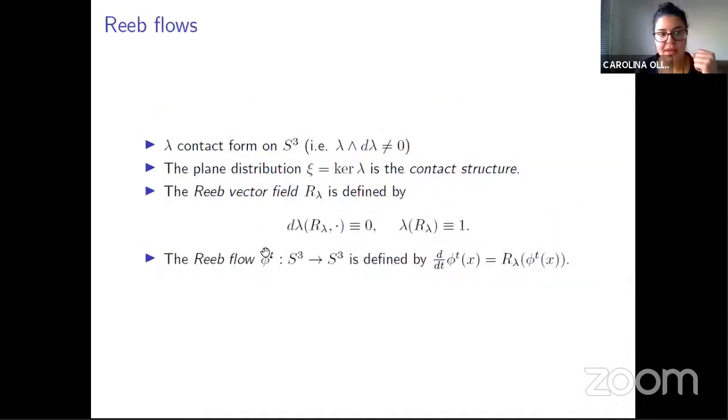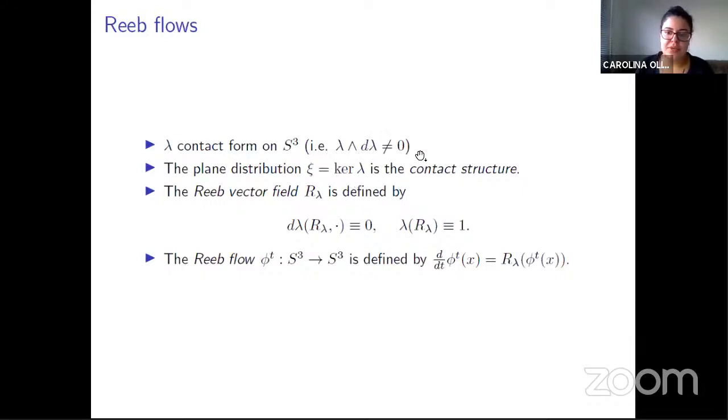So transverse foliations can be defined for any flow, but I will just talk about Reeb flows on the three-sphere. Let me recall some definitions. A contact form on S^3 is a one-form lambda such that lambda wedge d lambda is nowhere zero, that is, a volume form.